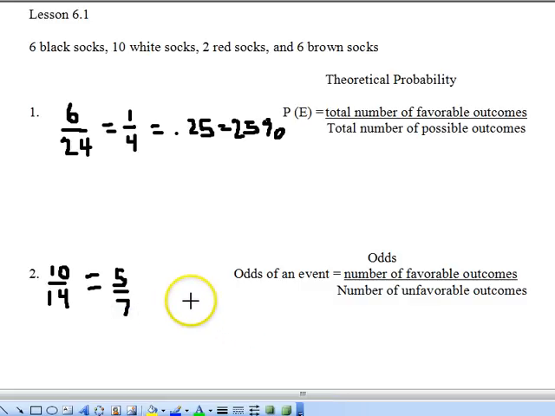When you write odds, you write them with the numerator first, 5 to 7. So the odds of selecting a white sock without looking are 5 to 7. That's how you read this when you're talking about the odds of an outcome.